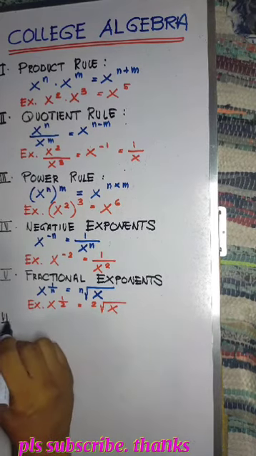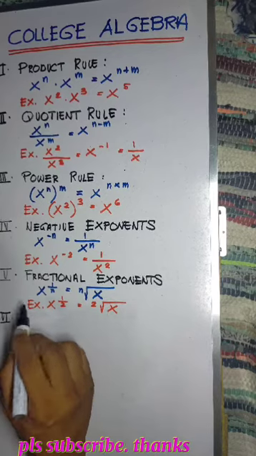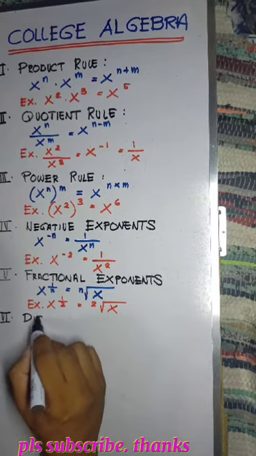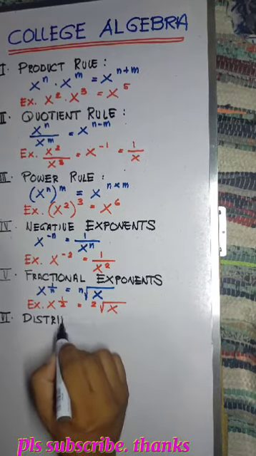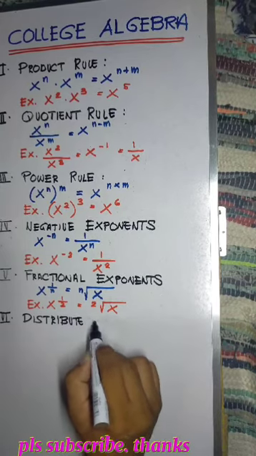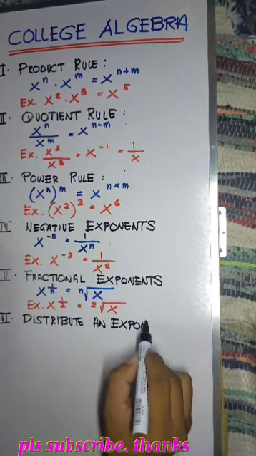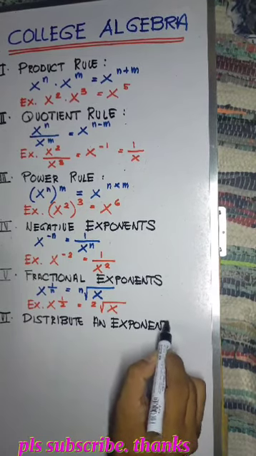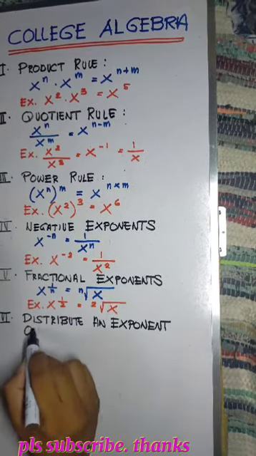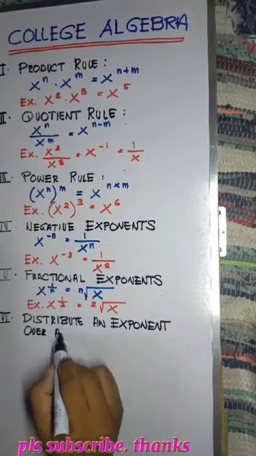Number 6, you distribute an exponent over a product.